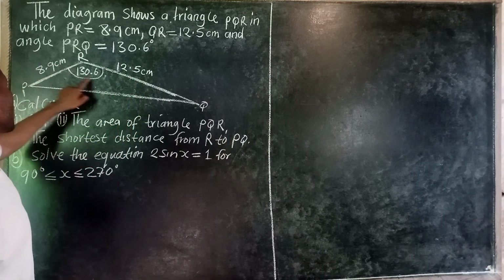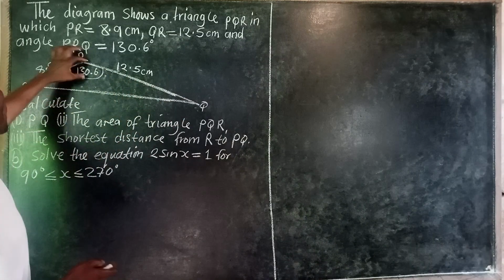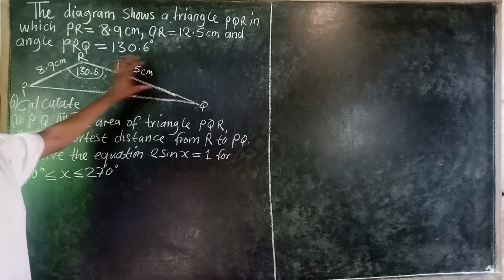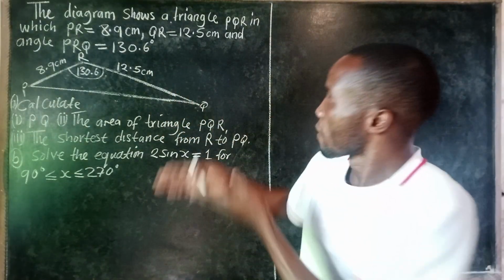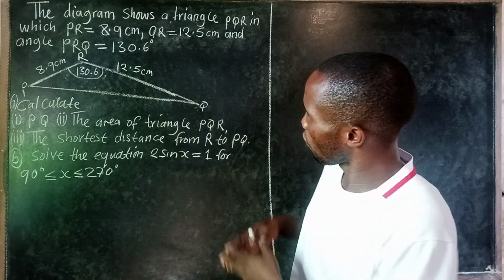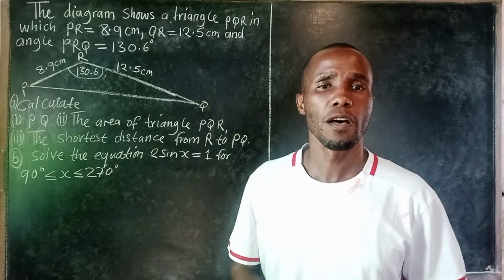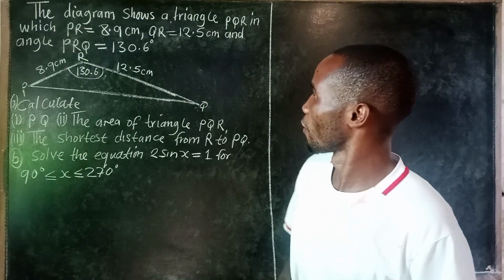When you look at this, we have this angle here, and the two sides that make up the same angle are both given. If they are given, it means that is an included angle. So if you have an included angle in a given triangle, the rule that you are supposed to use there is the cosine rule.